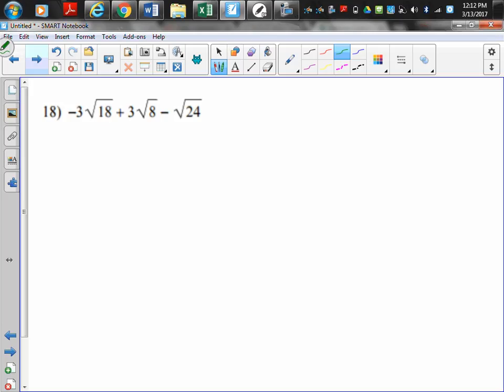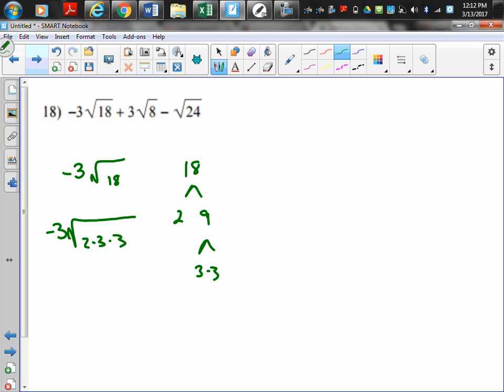So I have negative 3 square root of 18. What are the factors of 18? 9 and 2, and 9 is 3 times 3. So I have negative 3, square root of 2 times 3 times 3.